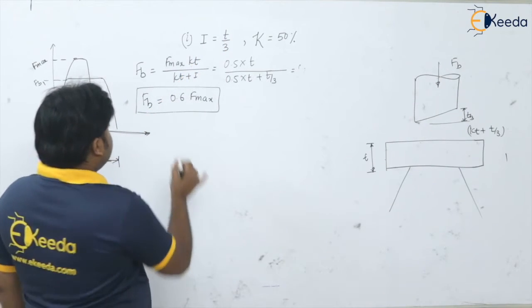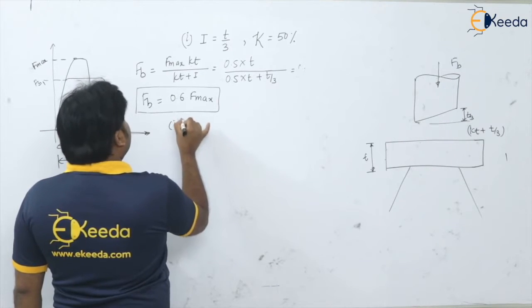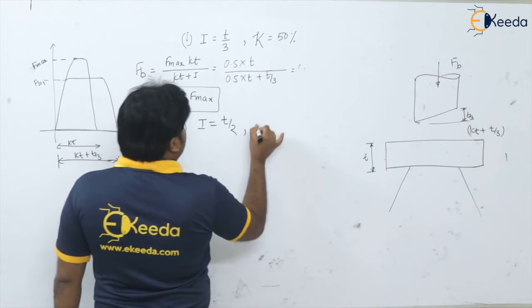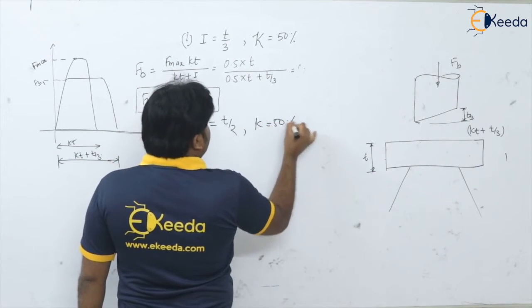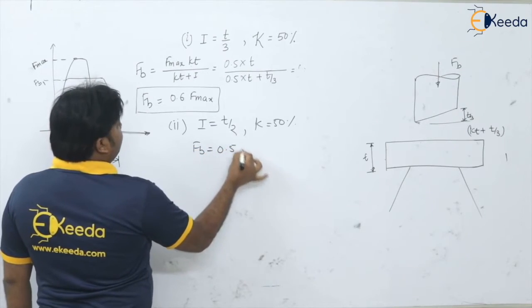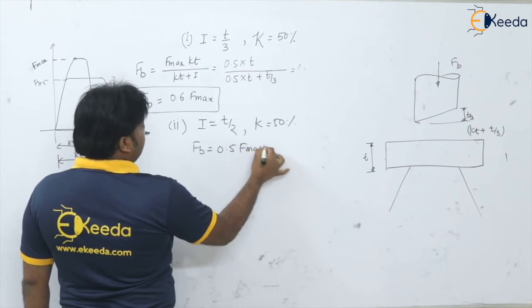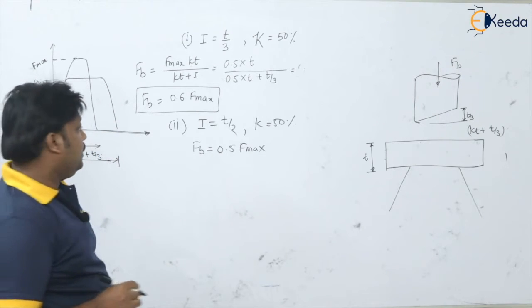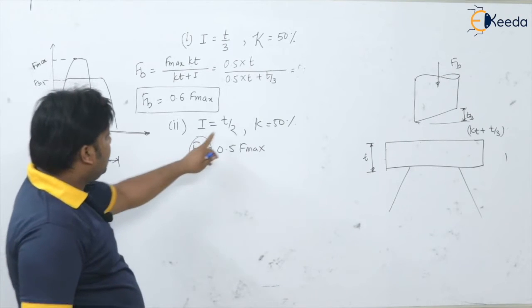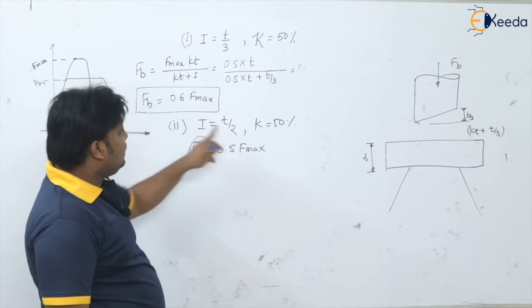Let us say the next case, that is I equal to half of the thickness and K again 50%. Please, students, solve. You will get FB as 0.5 times F max. So here you get the reduction in the load directly by 50% when we apply the shear as T by 2.